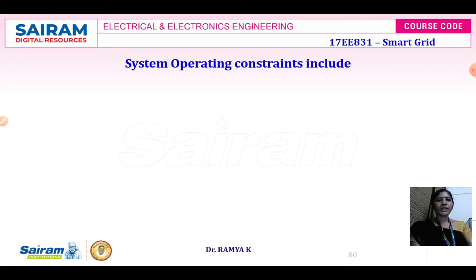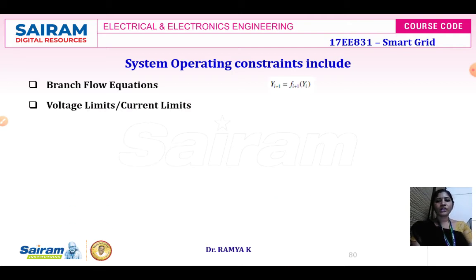Next, the system operating constraints. So we should include the system operating constraints. What are the system operating constraints? Branch flow equation. So the branch flow equation should have Y(i+1) is equal to F(i+1) of Yi.